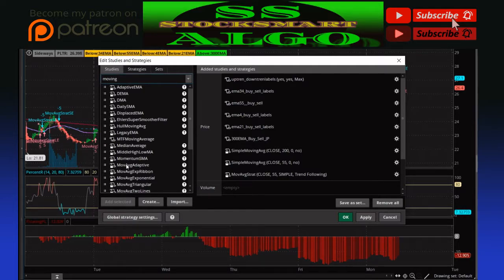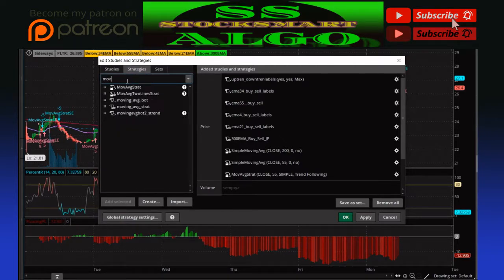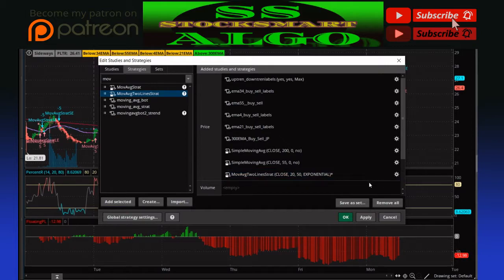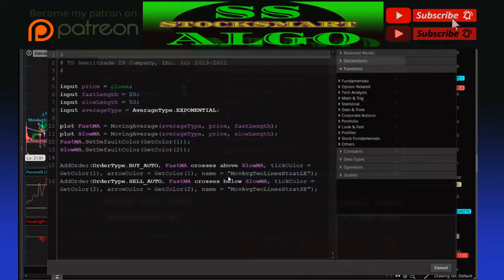Moving average adaptive. And you will find many, many different studies that you'll get to go in and play with in Thinkorswim. And we'll take a look at this code.